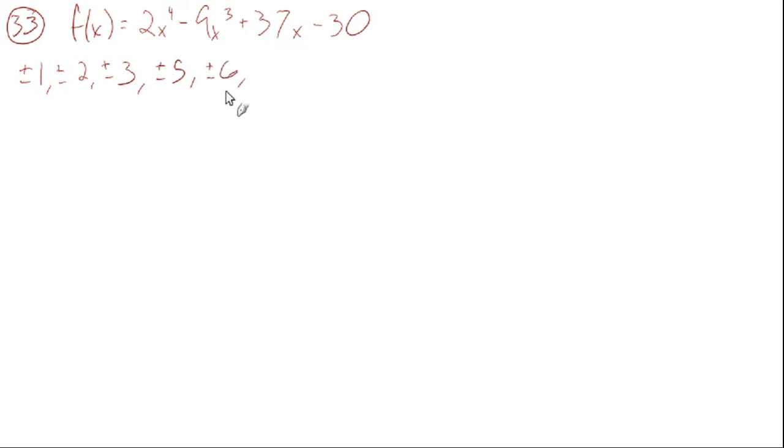So we've gotten past that. So 3 times 10, of course. And 2 times 15. And 1 times 30. It's a long list. Then we're going to take every one of those over all the factors of the leading coefficient. Okay, so this could be a long list.